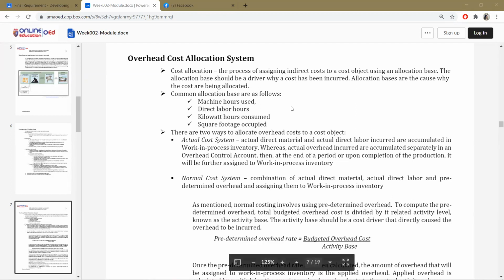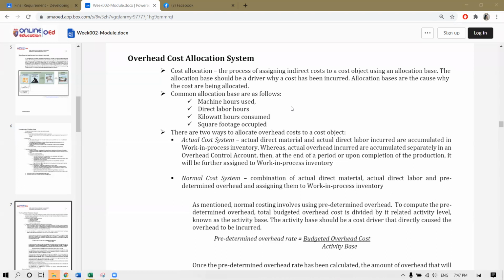In English, it is the process of assigning indirect costs to a cost object using an allocation base. The allocation base should be a driver why a cost has been incurred. Allocation bases are the cause why the costs are being allocated. Allocation bases, amo lait ang rason kung kay ano nagkamay da cost.